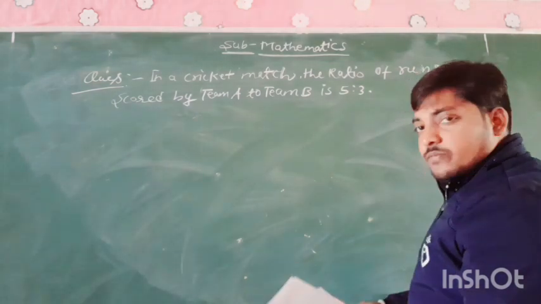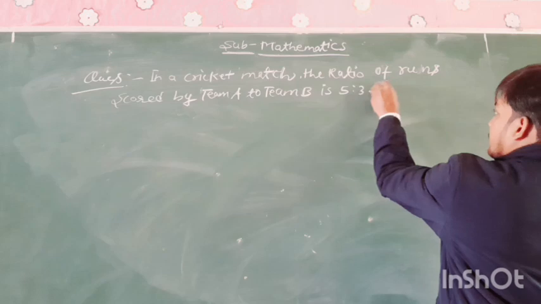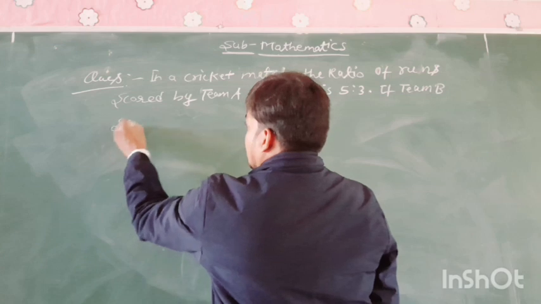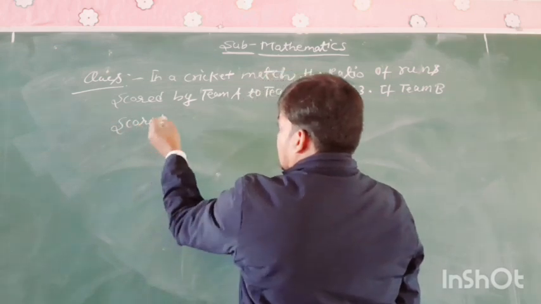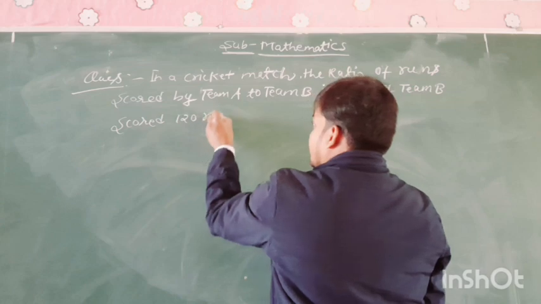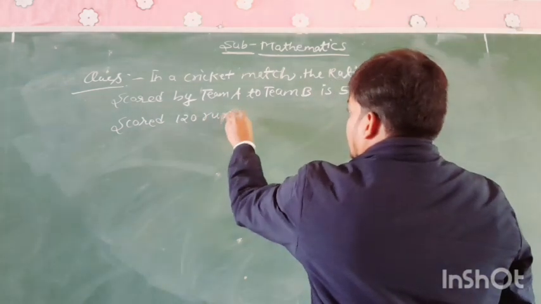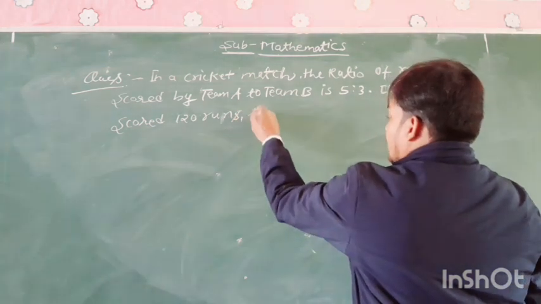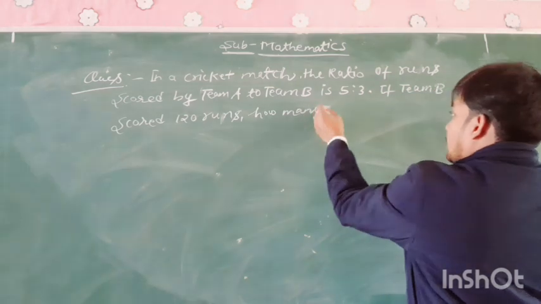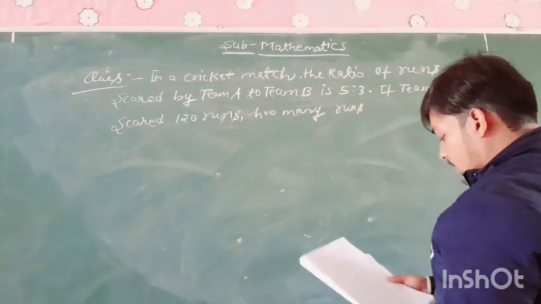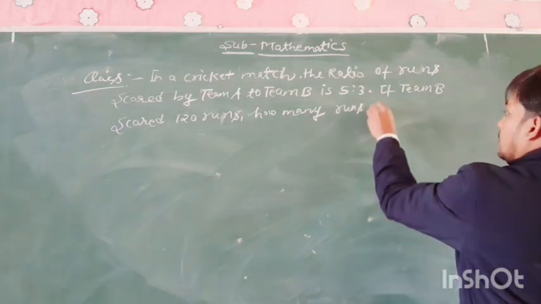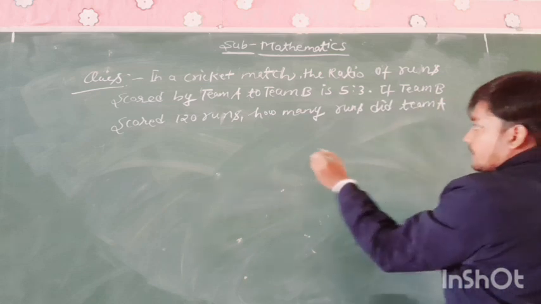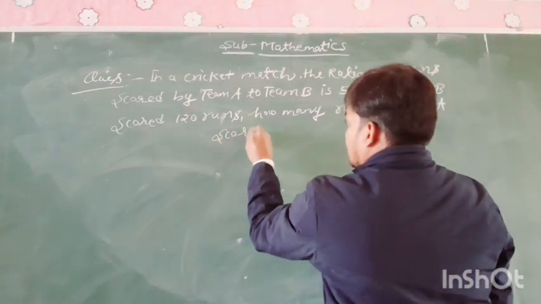If team B scored 120 runs, how many runs did team A score?